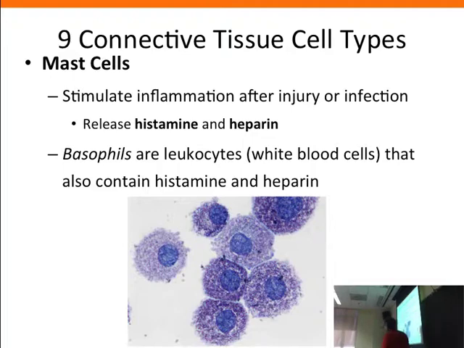Histamine and heparin are the two primary chemical factors that are being released. They're not alone. Basophils are another type of leukocyte, actually a very rare type. They are in your body, but they're not the most common white blood cell, and they have overlapping functions to mast cells.